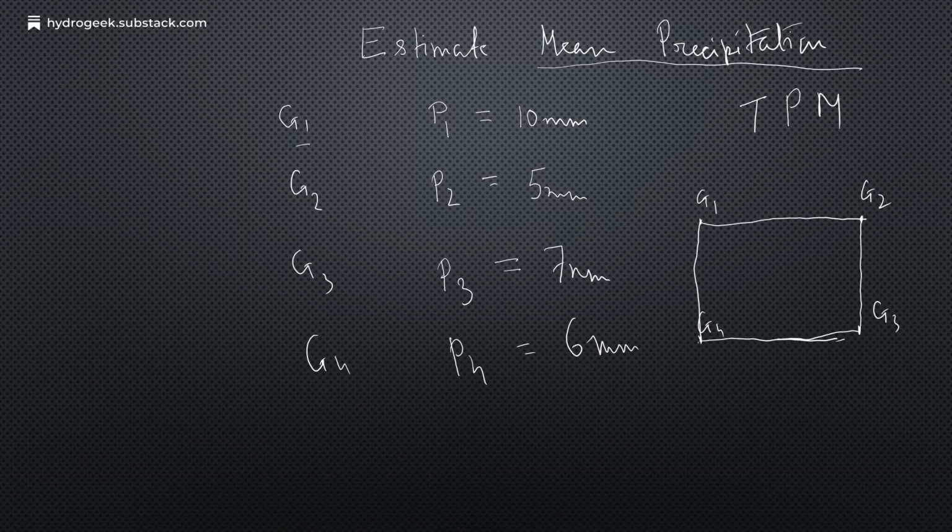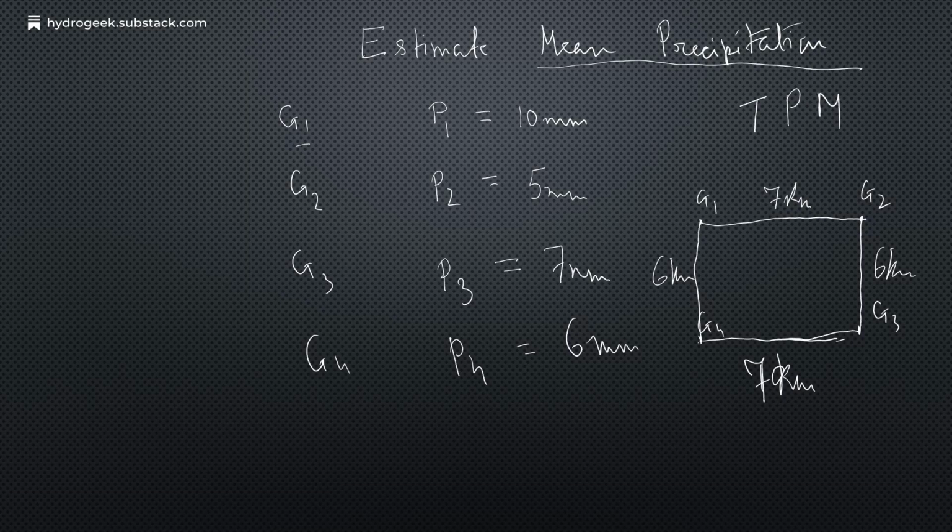Now if I know the distance between G1 and G2, or the length of this interconnected line, suppose this is 7 kilometer, this is 6 kilometer, let this also be 7 kilometer and this also 6 kilometer.